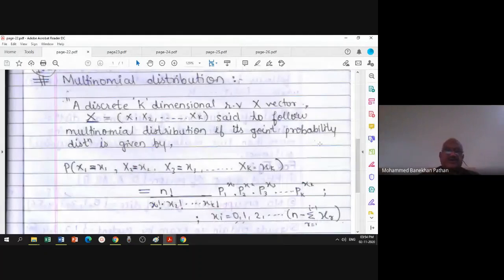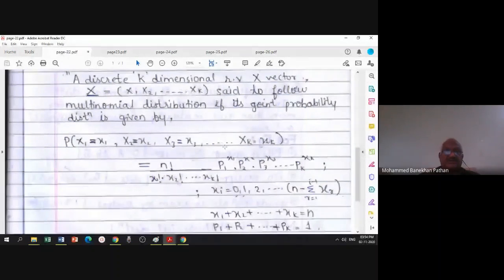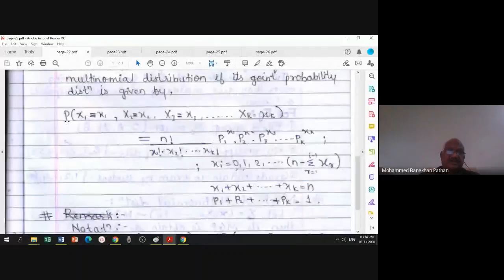So I was speaking about the definition of multinomial distribution. An X vector having k components is said to follow multinomial distribution if its joint probability distribution is given by the probability that capital X1 takes value small x1, capital X2, as a random variable having many values, at a particular value takes small x2, and like this up to xk.